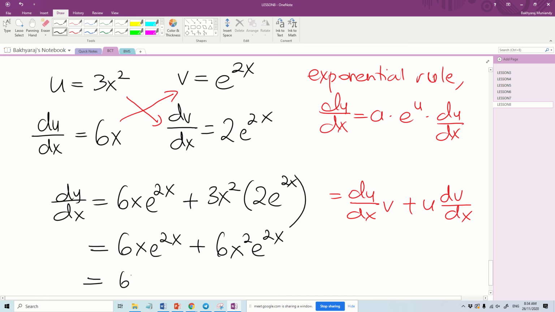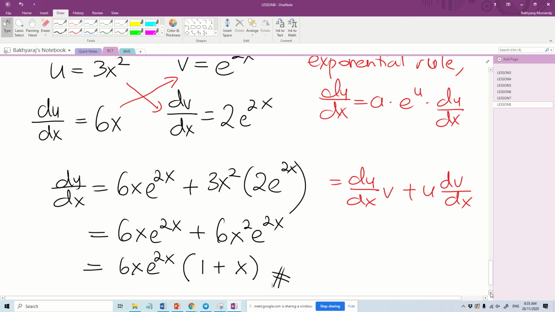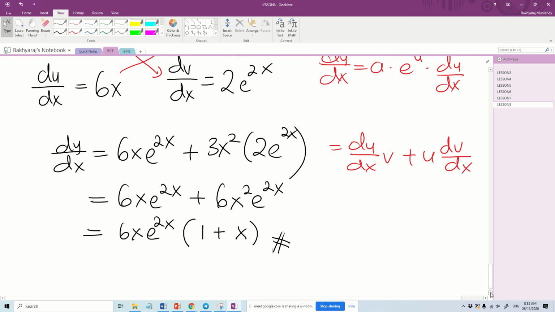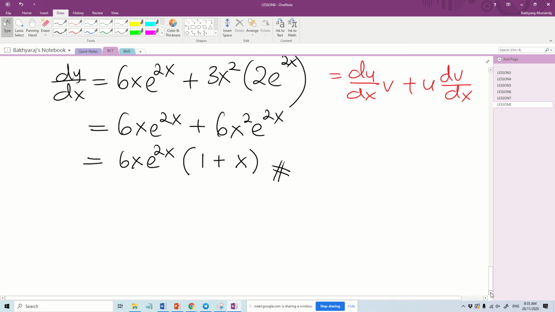Then I can take x out. And what else can I take out? Exponent 2x. So if I take that out, it is nicer. Then I expand back: here I need to get 1, and here x. Very good. I'll get 1 plus x. So that will be the answer.